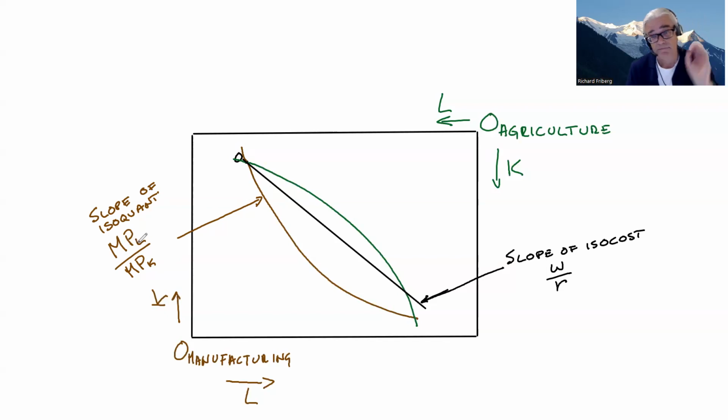Okay, so moving workers from agriculture to manufacturing would be associated with an efficiency gain. They would yield much more in some sense in manufacturing than what they do in agriculture on the margin, given how many people are already in manufacturing or already in agriculture, sorry.